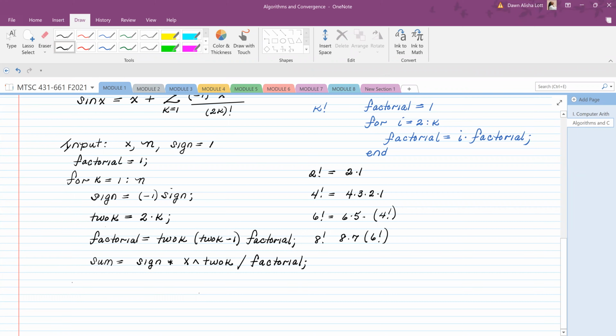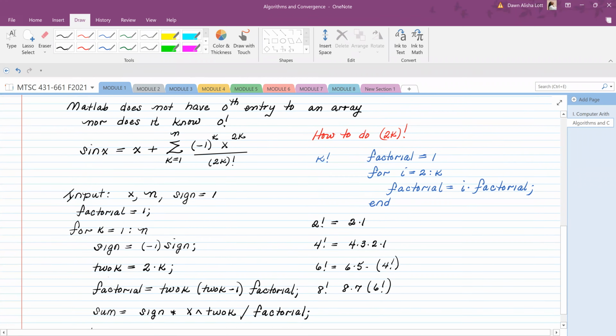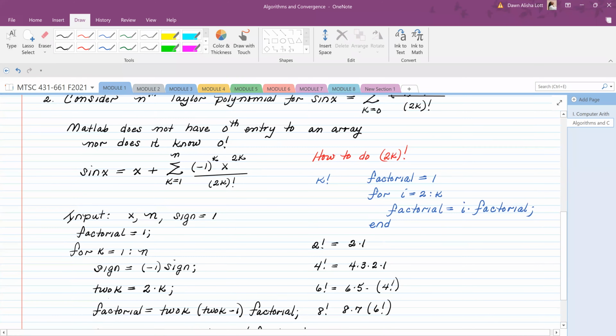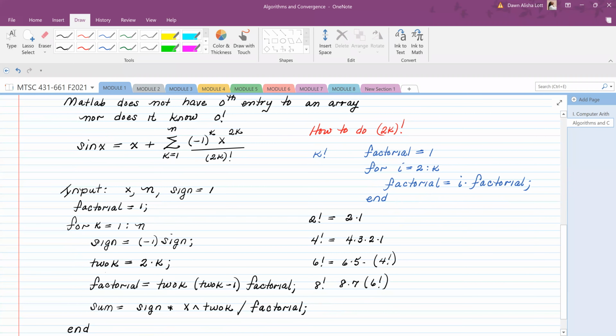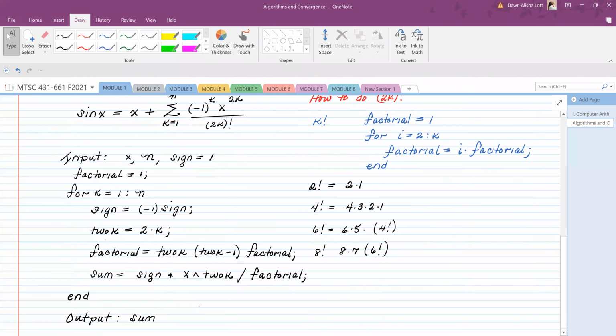And then we're going to end. And then our output will be sum. And that will be our approximation to the sine of any x. So the difficult part for this piece was finding how to do 2k factorial. Any questions?